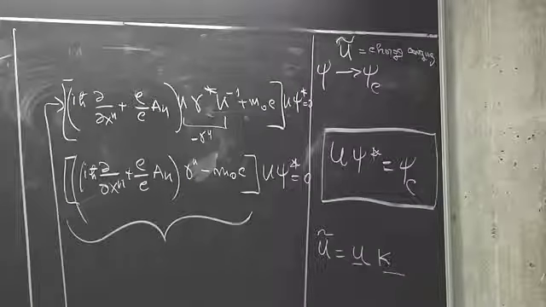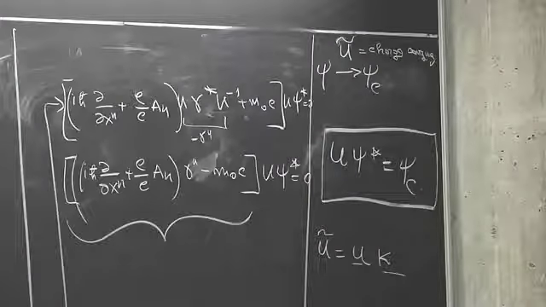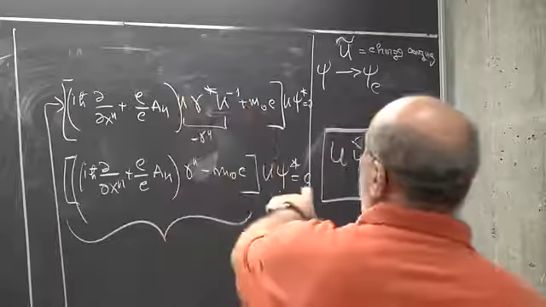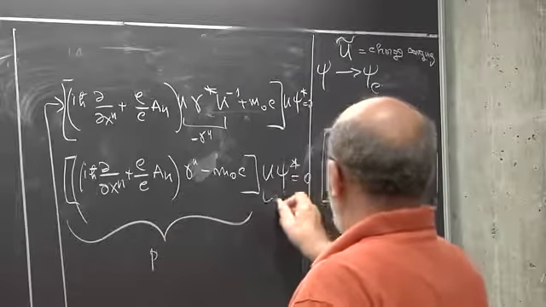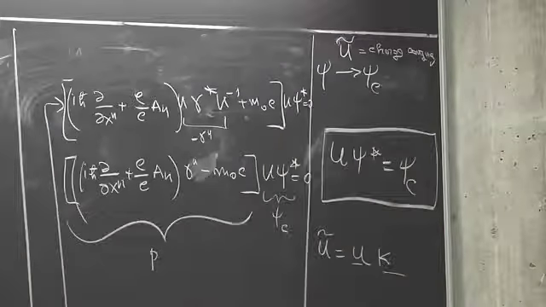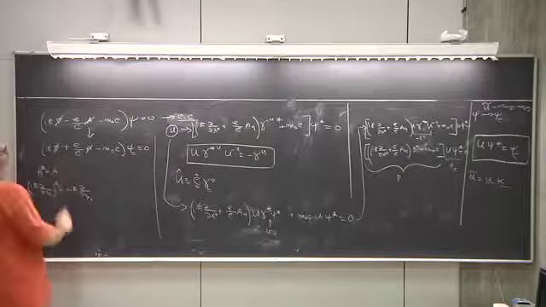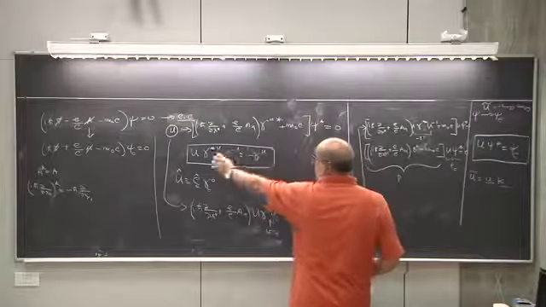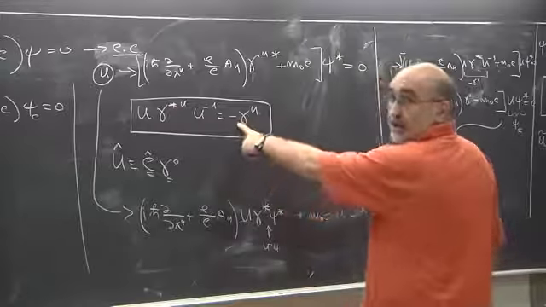I mean, all my reasoning was, if a U existed that does this, then from this equation, taking the complex conjugate, I would get an equation that is exactly like the positron equation. And this one would be identified with psi c. So I wanted to do a set of transformations that brings me from this equation to this equation, changing this sign only. I had to do several things. First, take the complex conjugate. Second, suppose there exists an operator that transforms the complex conjugate gamma into minus gamma.